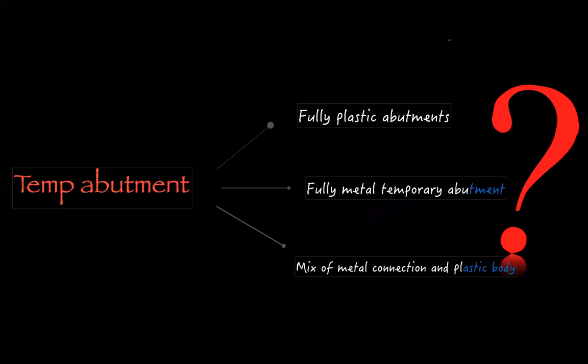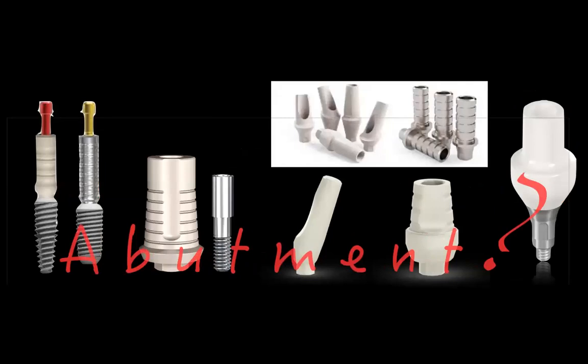One of the criteria that you need to pay attention to is your temporary abutment. There are multiple temporary abutments in the market. There are fully plastic abutments for temporary purposes. There is a fully metal temporary abutment from the beginning to the end, and then you have a mix of metal connection and a plastic body. All right? So which one is the best temporary to use?